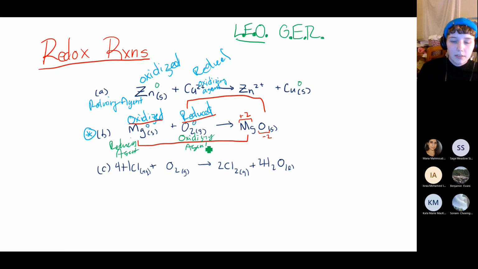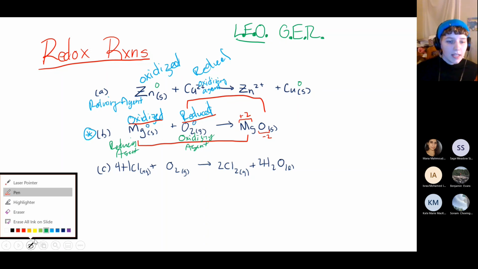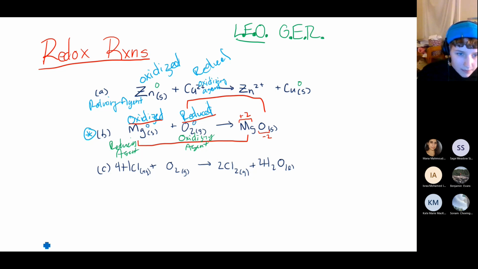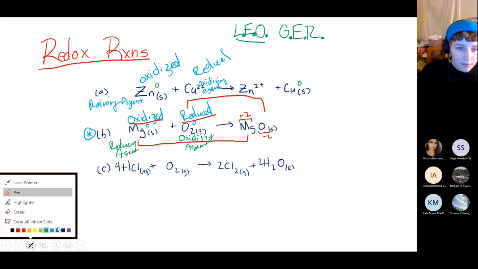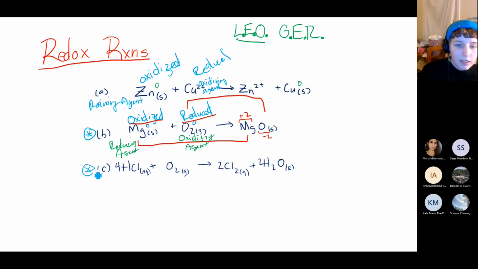Exactly. Great job. All right, so again, do the next one. This bad boy right there. And just figure out which one is being reduced, which one's being oxidized, and so on. So I will give you another minute to do so.